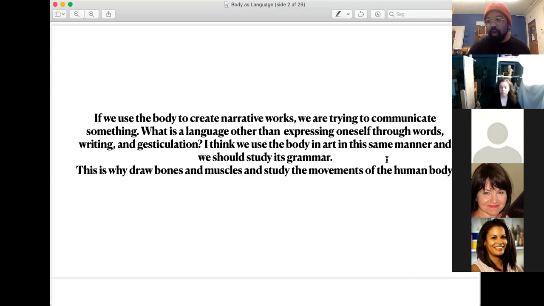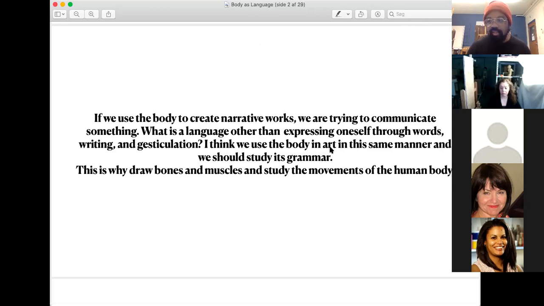And if art is a way of communicating something, whether it's a narrative or not, we could think of art in the same way, and I think we use the body in the same way, and we can take that language aspect very literally. And so I think studying anatomy is a way of learning how we can express ourselves visually with this new and exciting grammar.